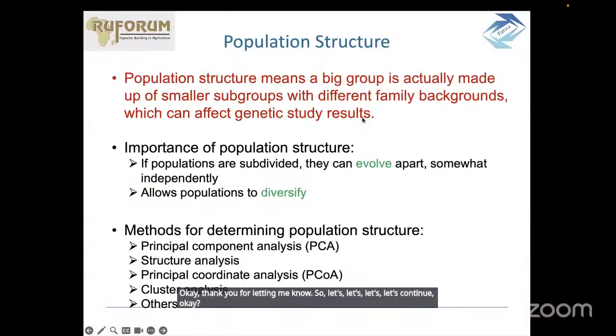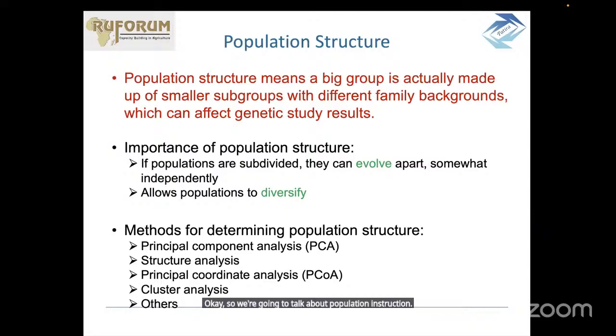Okay, so we're going to talk about population structure. What does population structure mean? Basically, it's a bigger group made of smaller subgroups that differ in family backgrounds, which can affect genetic study results. What's the importance of population structure?